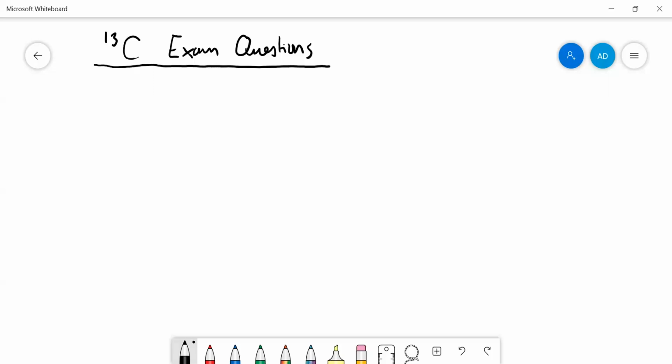Okay, now I want to talk about what kind of questions you get on 13C NMR in exams. With 1H NMR, you are given the molecular formula, you are given the spectra, and you have to work out the structure.